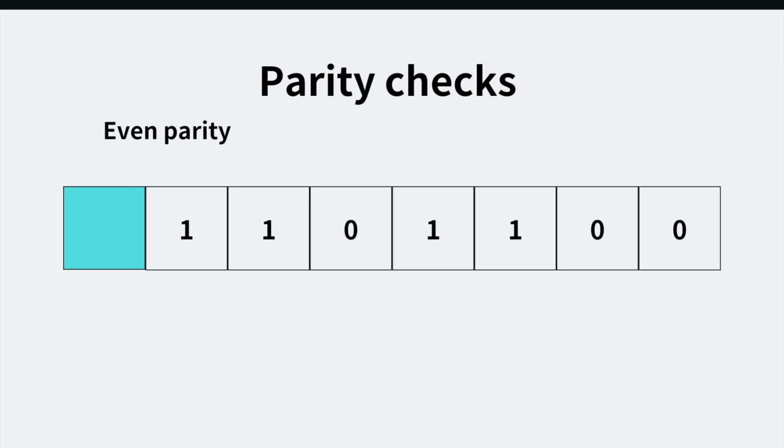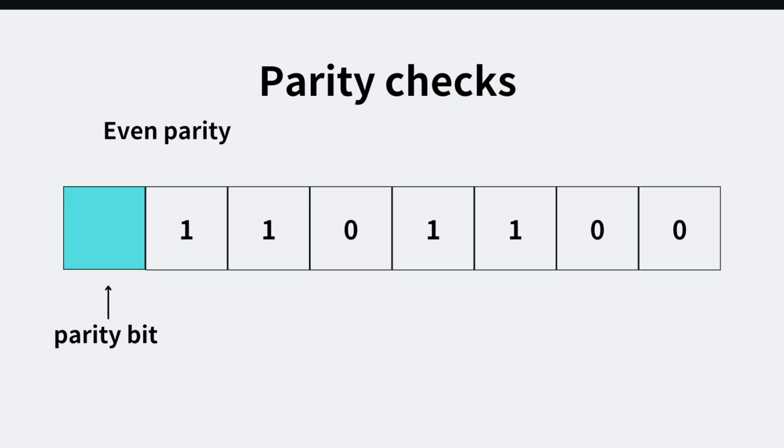Let's first talk about the even parity. If we send data with 8 bits, or you can set 1 byte as a unit, then we need to reserve 1 bit for data checking, and that bit is called parity bit. Now, we are using the even parity to check.